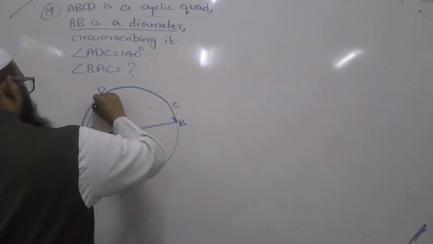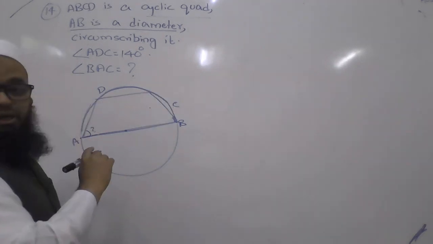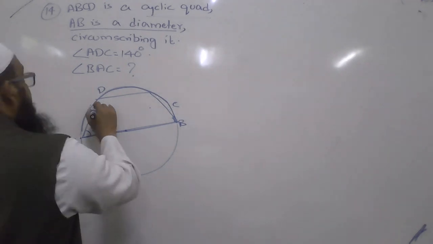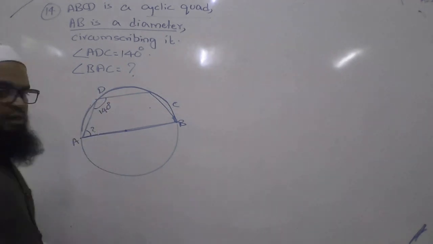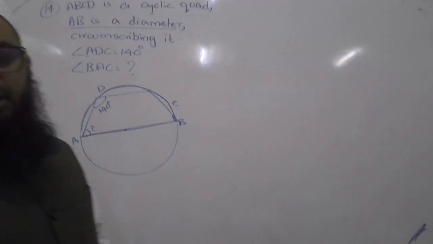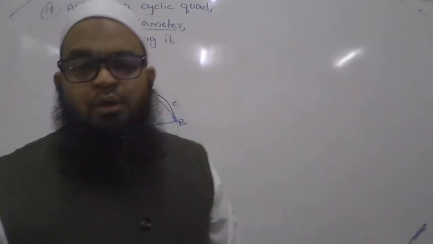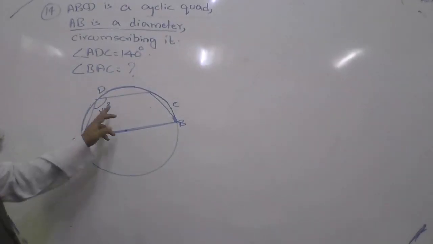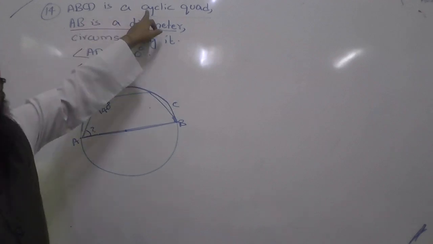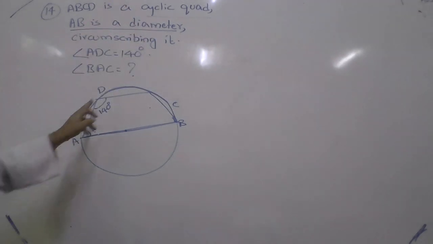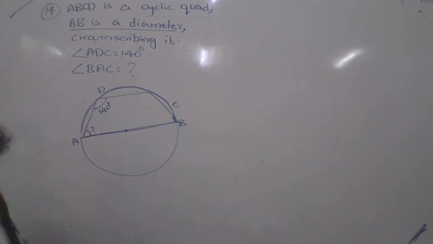So now let us take angle ADC. ADC is equal to 140 degrees, right? It is a cyclic quadrilateral. In a cyclic quadrilateral, the sum of opposite angles is equal to 180 degrees.